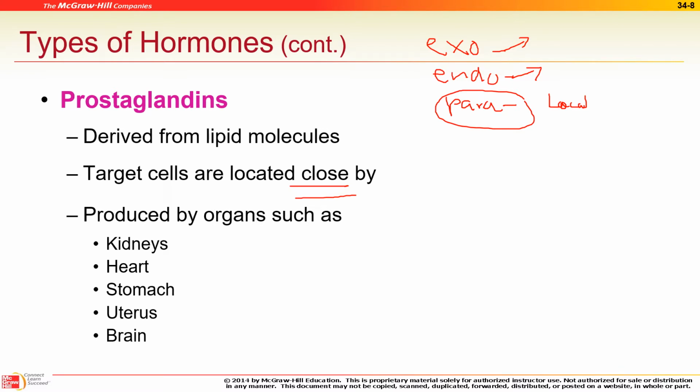So when you have, let's say, an injury to a certain area of the body, you only want the injury response to stay at that area. So for example, if you bump your knee, then you only want your knee to be swollen, blood flow, and immune cells to enter the knee, not the whole body or anywhere to the outside of the body.